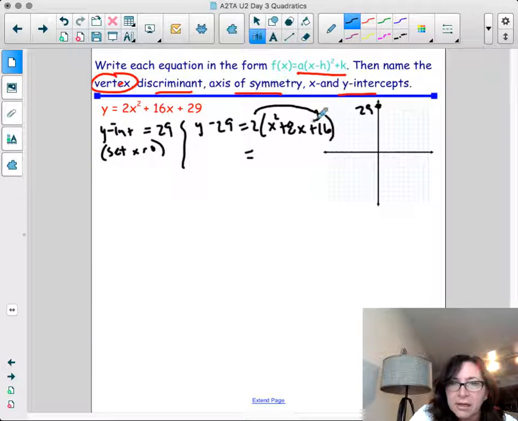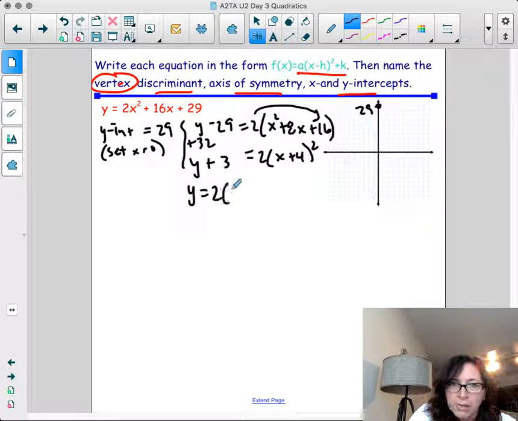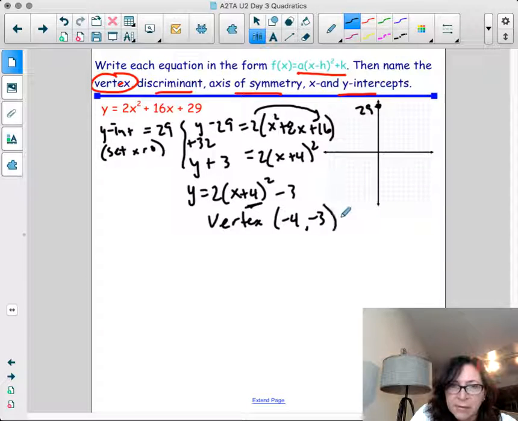If I added not 16, but 2 times 16 to this side, I do also need to add 32 to this side. So I have 2 times the quantity x plus 4 squared, and y plus 3. So my vertex form is y equals 2 times x plus 4 quantity squared minus 3. So my vertex is going to be the opposite of this, which is -4, comma, and then this value, -3. So -4, -3, we'll say is around here.